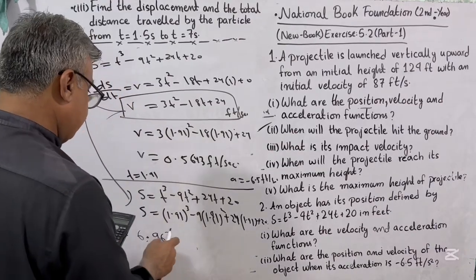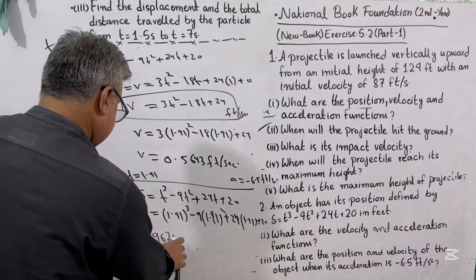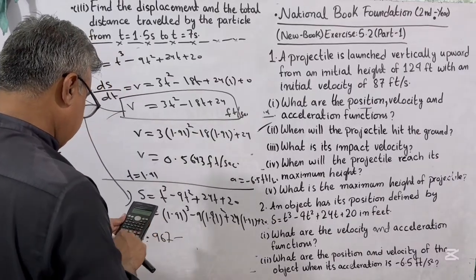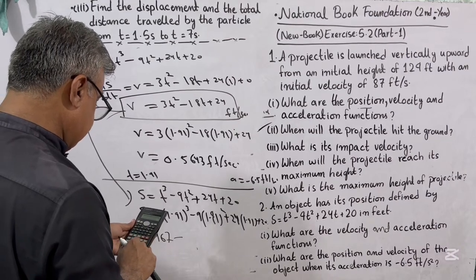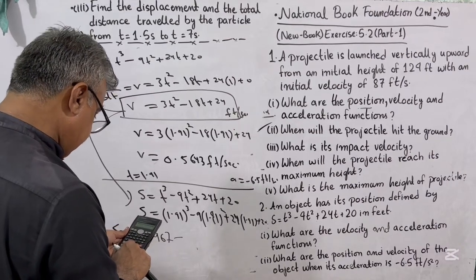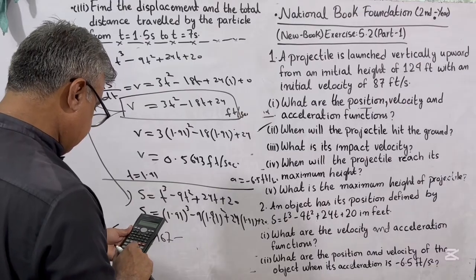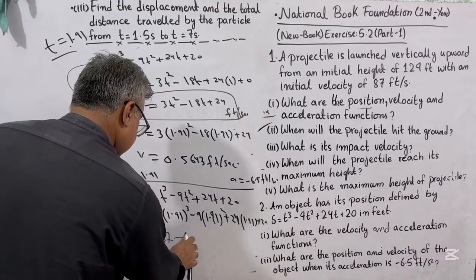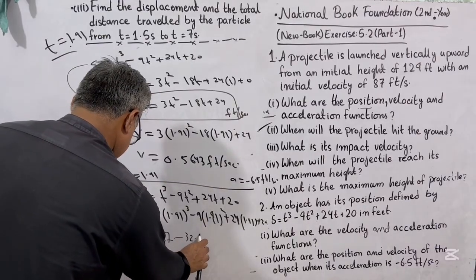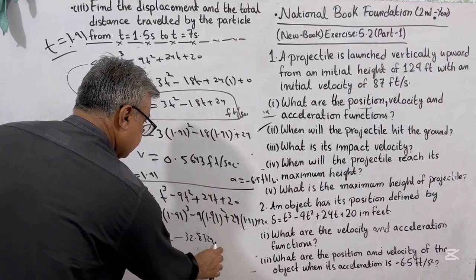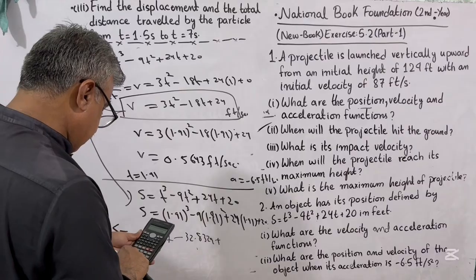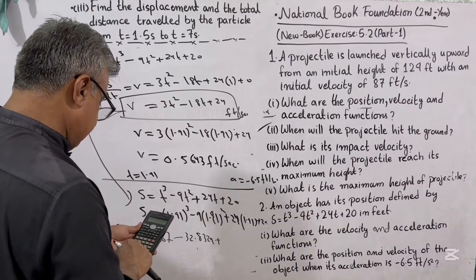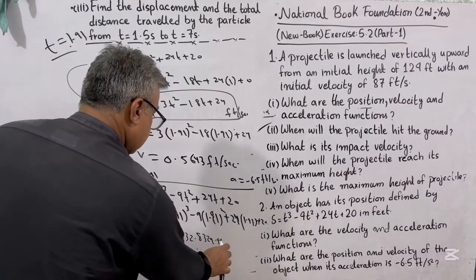Minus 9 times 1.91 square, the result is 32.8329. Plus 24 times 1.91, it is 45.84.